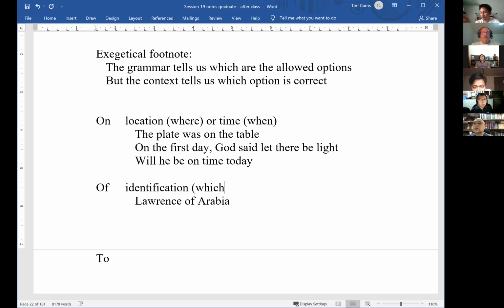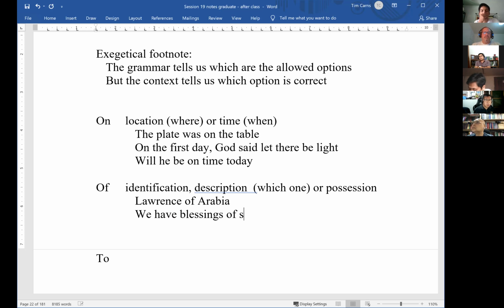Yeah, it's a description, identification or description. Or it can be possession. So for example, we have the blessings of salvation, or the angel of the Lord.